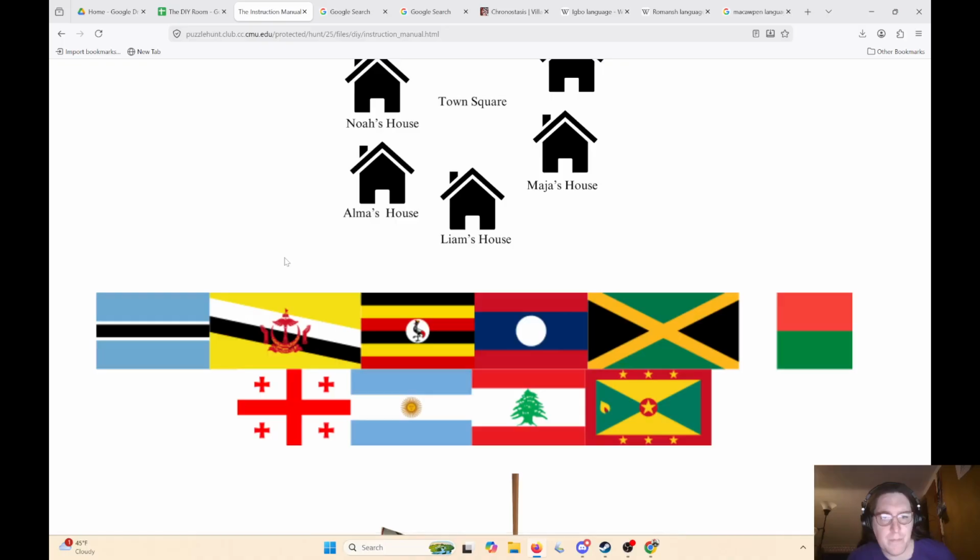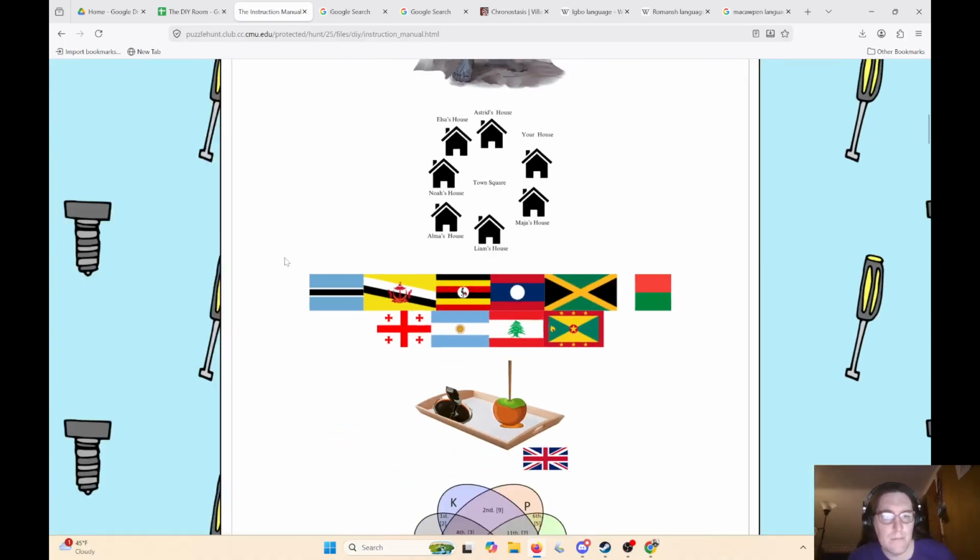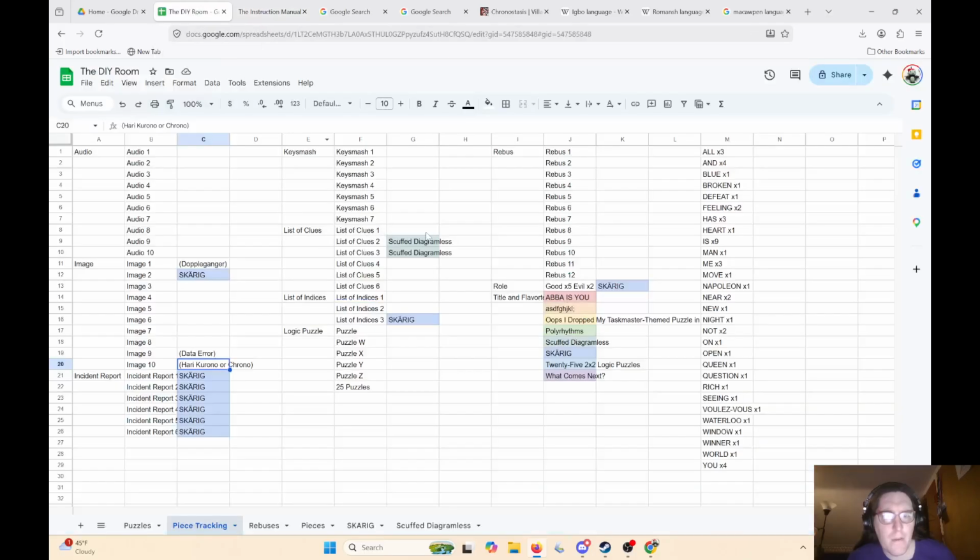Yeah, I'm looking at these flags, and I do not know most of them. I mean, that is Argentina. 5, 6, 7, 8, 9. So there's 10 of them, and we have 8 of one type of rebus, 4 of another.